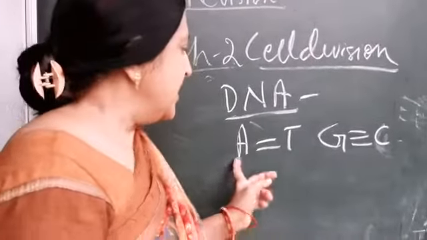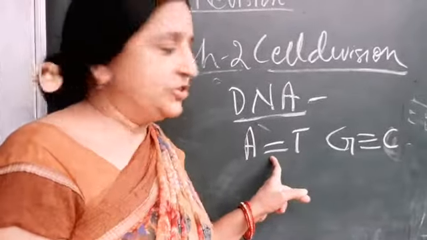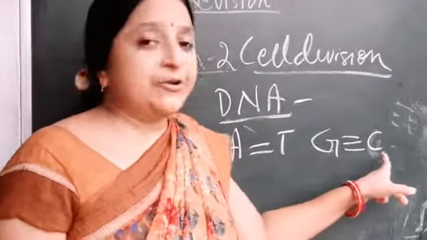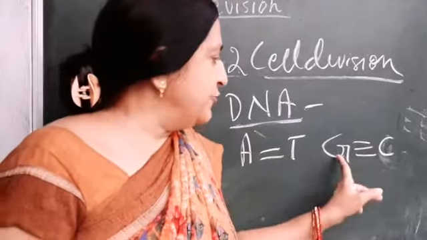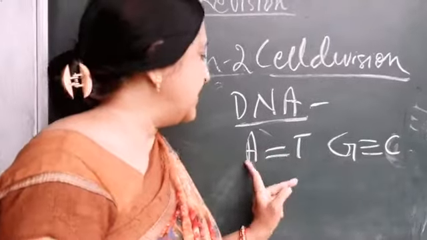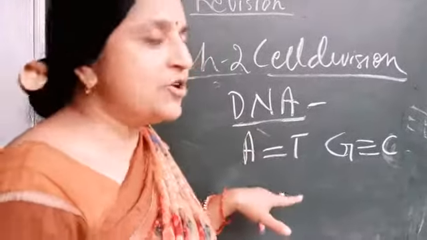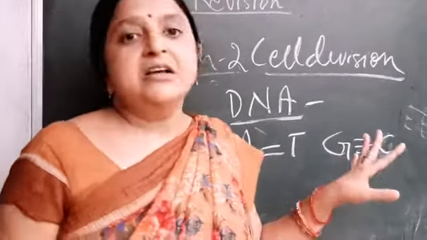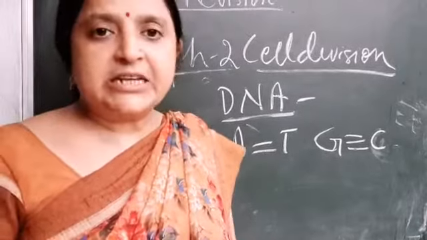Adenine pairs with thymine and they are joined by a double hydrogen bond, and guanine pairs with cytosine by a triple hydrogen bond. The bond between both pairs is hydrogen bond, double between adenine and thymine, and triple between guanine and cytosine. This is all about the structure of DNA.